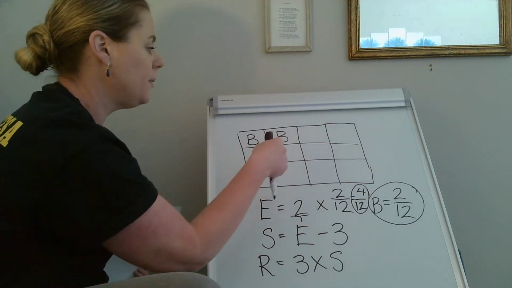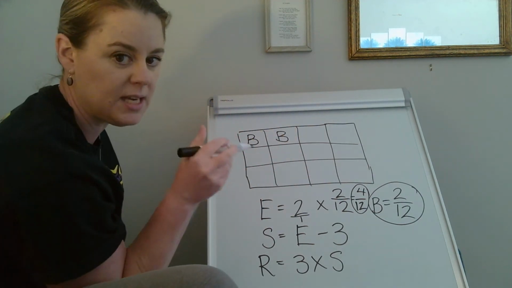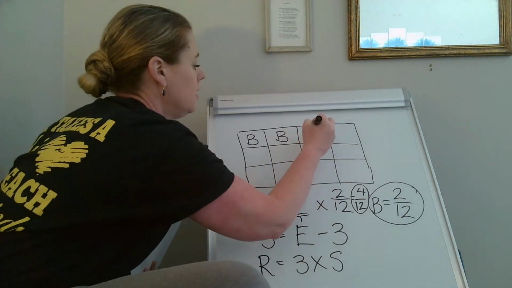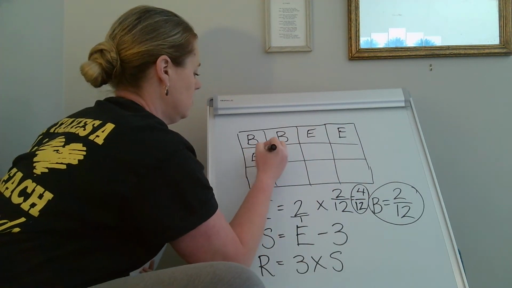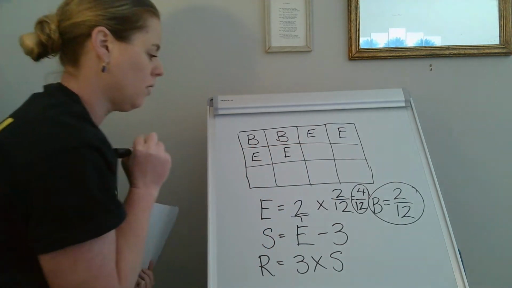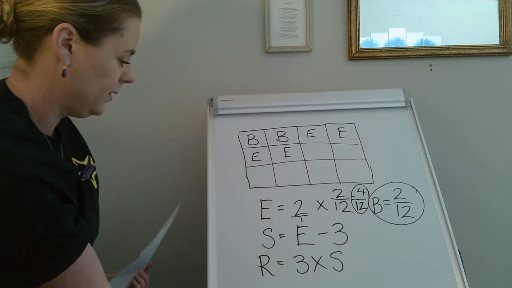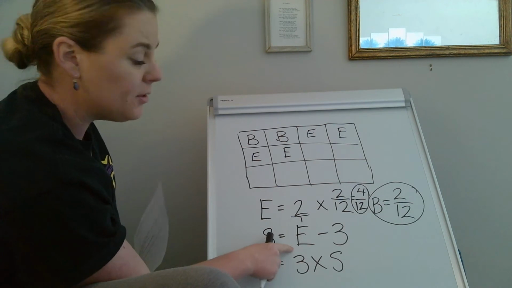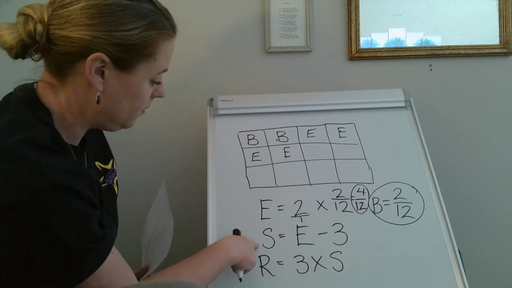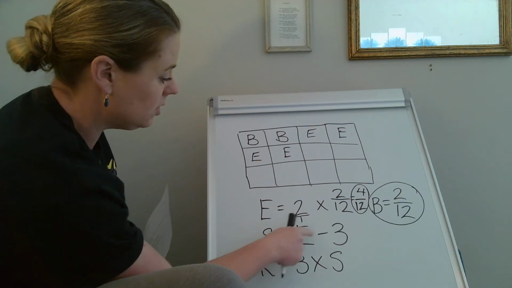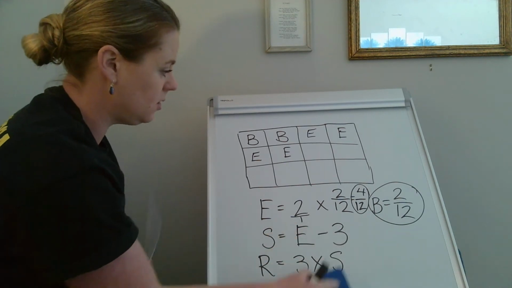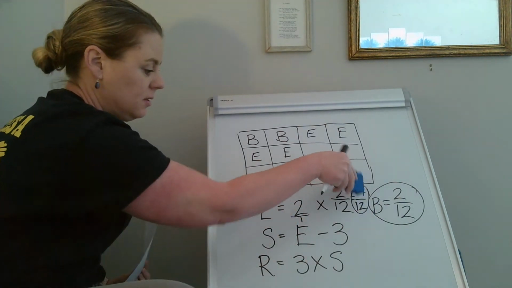So I'm going to go up and fill in 4 sections with E. Okay, Esther, 1, 2, 3, 4. 4/12. Okay, so now that we know Esther, we can figure out Sarah. Sarah equals Esther, take away 3. So what was Esther? Here's Esther's.